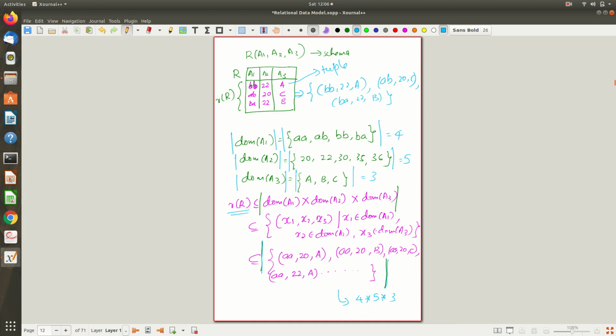So this is something like a 3-tuple. 3-tuple in the sense I have a tuple or row with 3 elements, and the order matters also, because when I am writing BB, 22, A, what I mean is the attribute A1 assumes a value BB, attribute A2 assumes a value 22, and attribute A3 assumes a value A. Okay, so that is very important.